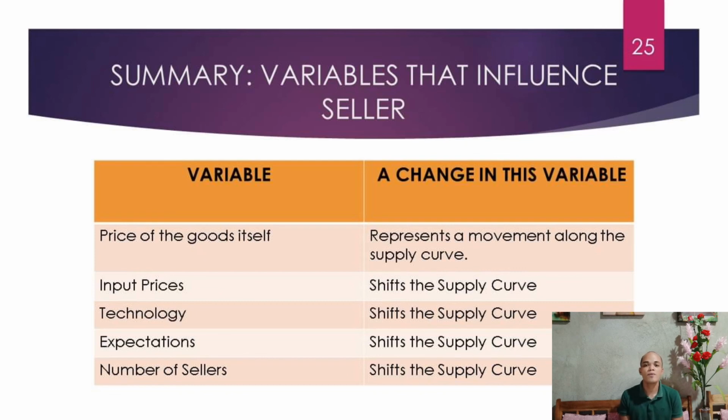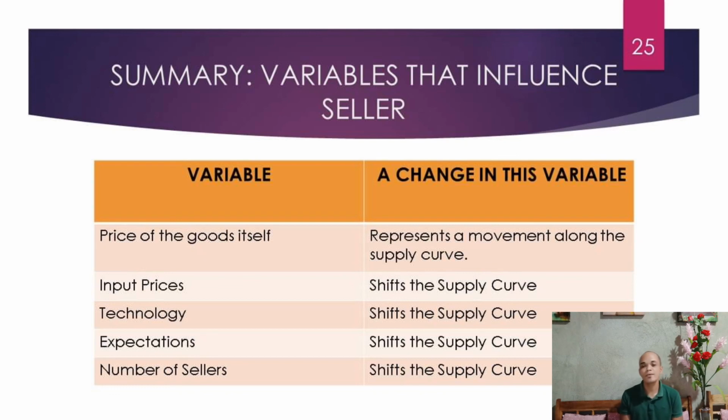So, summary, variables that influence sellers. In the first column we have the variable, and in the second column a change in this variable. So first in variable we have the price of the good itself. Second, the input prices. Third, technology. Fourth, expectation. And lastly, the number of sellers.